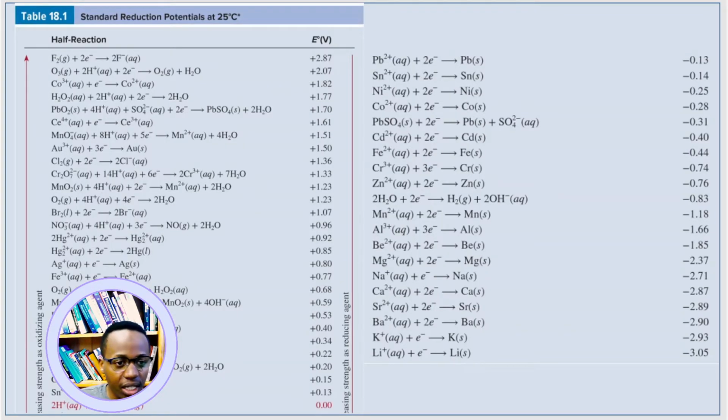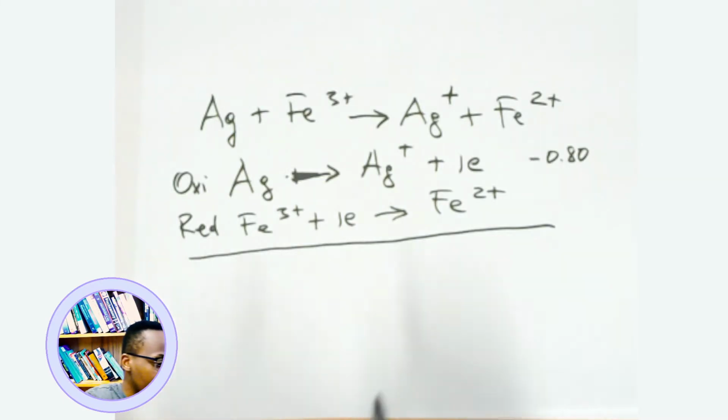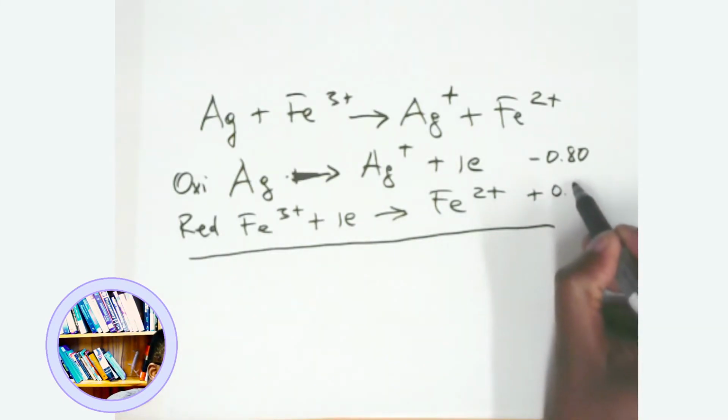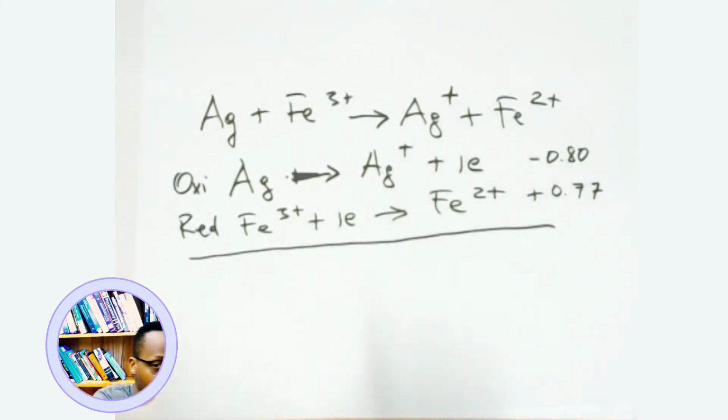For Fe, that's iron, it's written as such, right? Iron 3+ becomes iron 2+, and it's 0.77. So we put plus 0.77 here. All right?